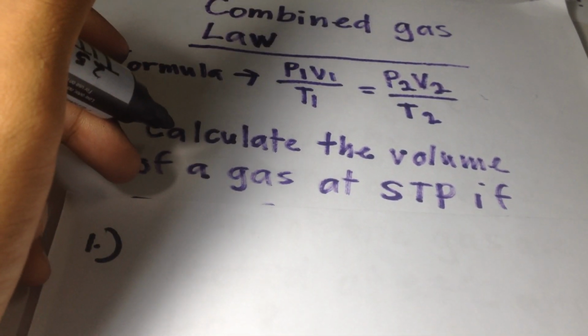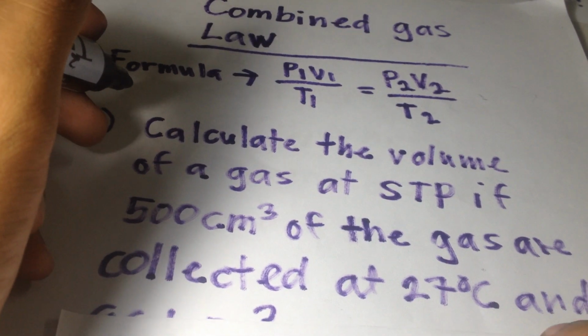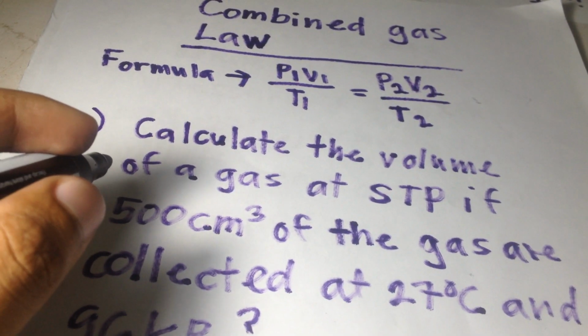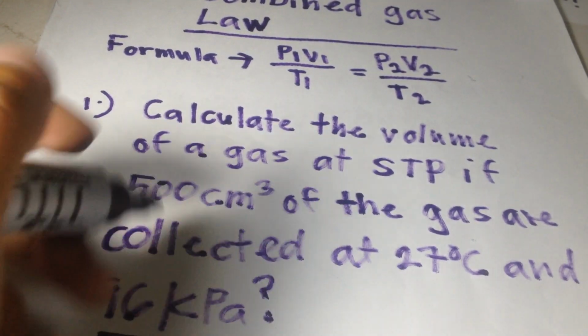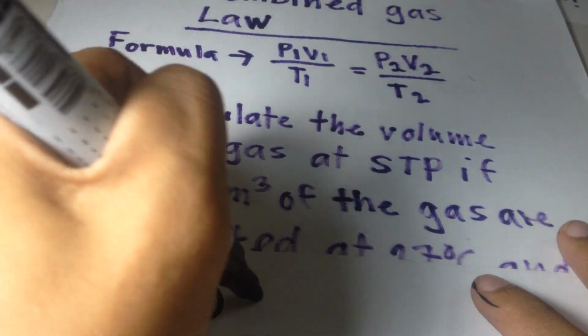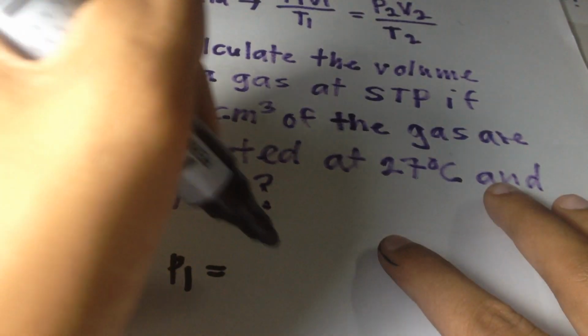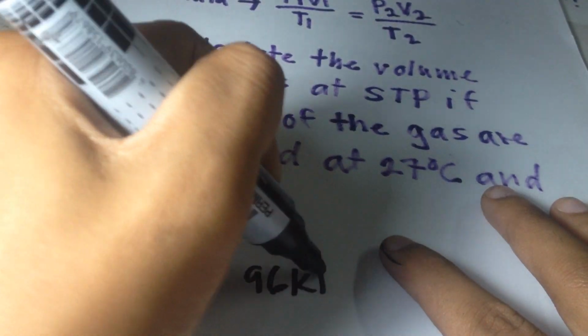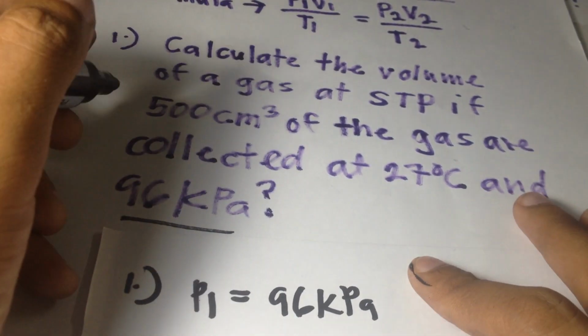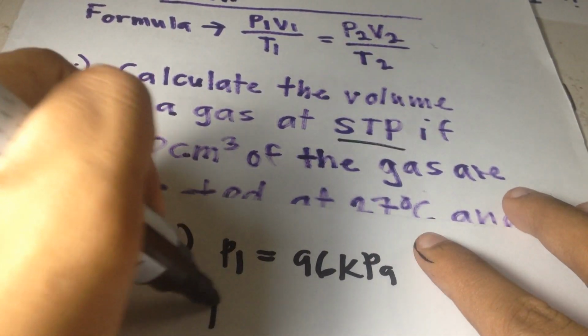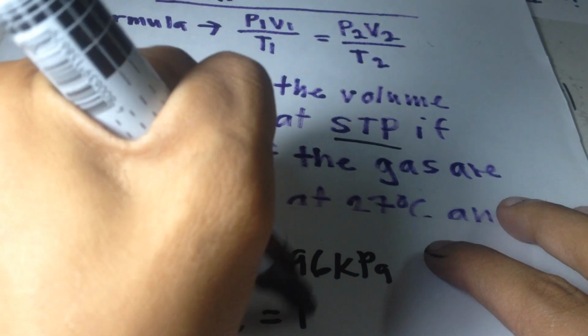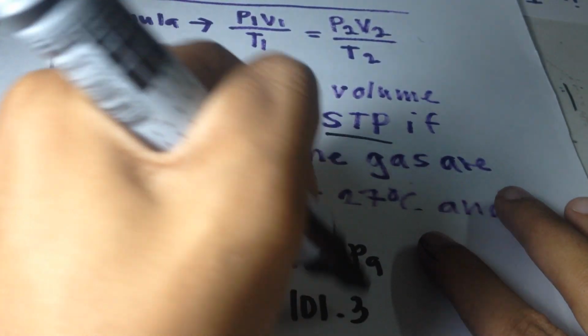For problem number 1, pressure 1 is equal to 96 kilopascal. Standard temperature and pressure, which means STP, so the P2 is 101.325 kilopascal.